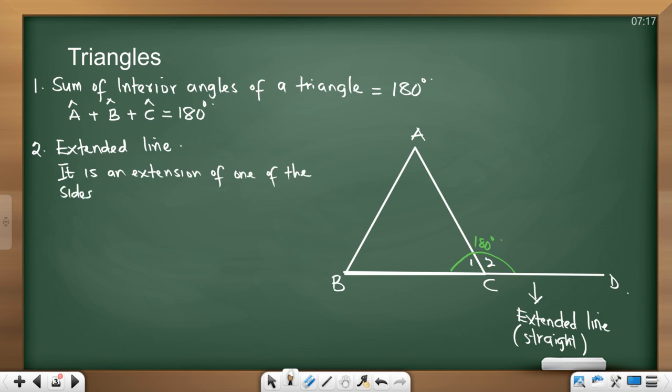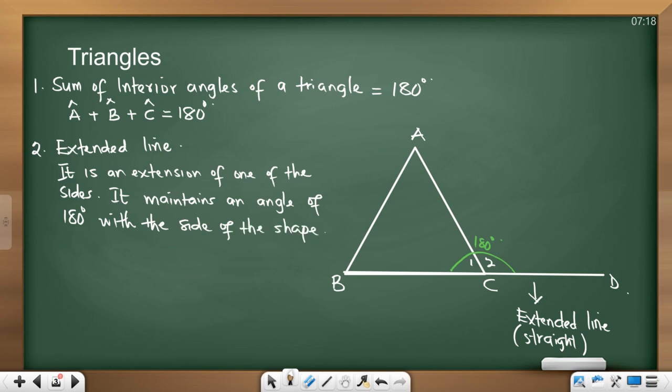It maintains an angle of 180 degrees with the side of the shape, because I'm going to need this story of extended line later on, such that angle C1 plus angle C2 is equal to 180 degrees.